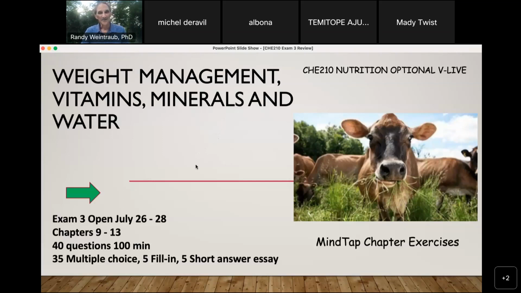And so here's our next exam coming up. It will again be open for a few days so that you choose a convenient time to take it, using the Respondus lockdown, and it will be a similar format, with a few less of the short answer. I'll give you some examples of what short answer questions might be.